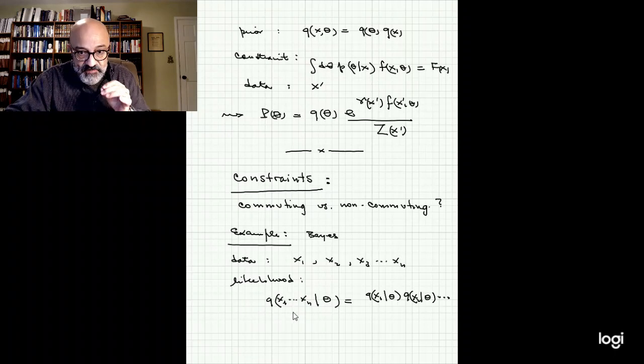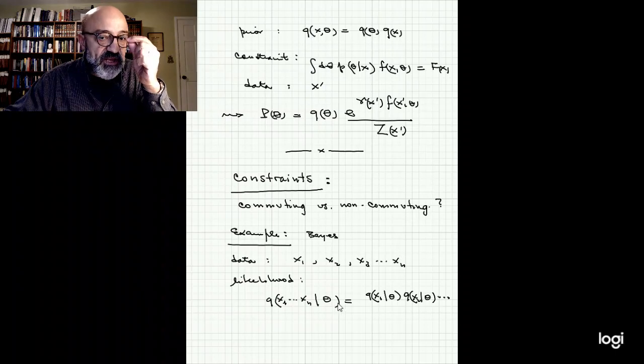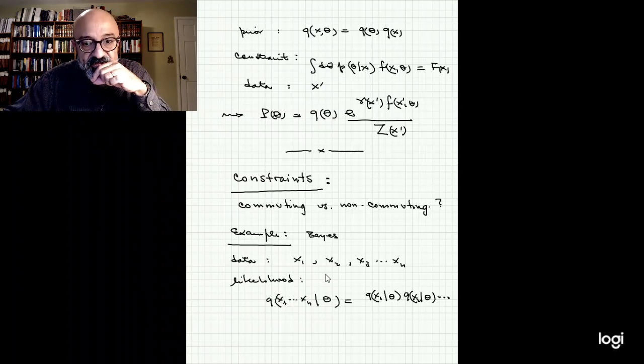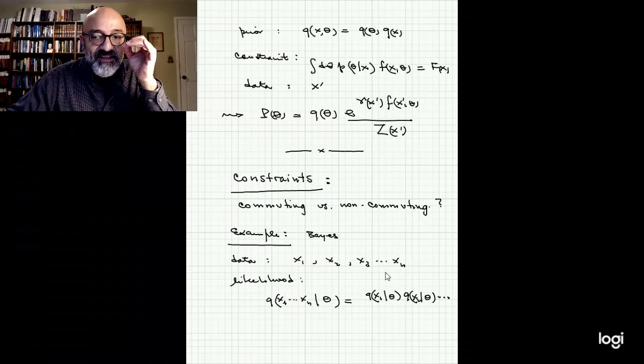emphasize here, there is a typical sort of mistake that sometimes is made, in which you say, okay, you measure x in experiment number 1. You measure x in experiment number 2. You measure x in experiment number 3.